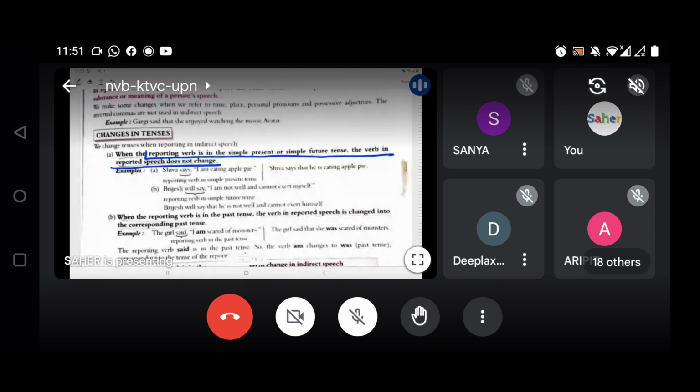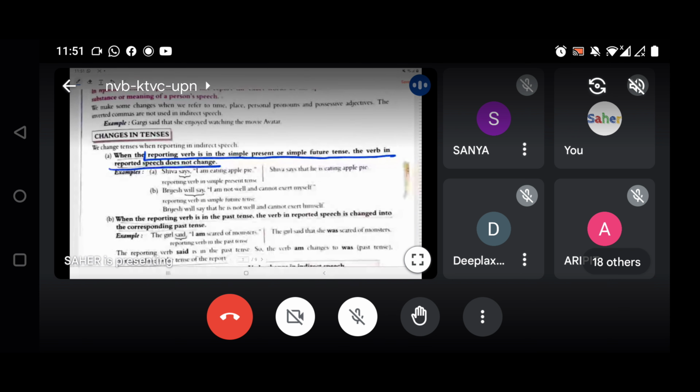Okay, so in case the sentence is in simple present tense, suppose Gargi says, "I am enjoying watching the movie Avatar."